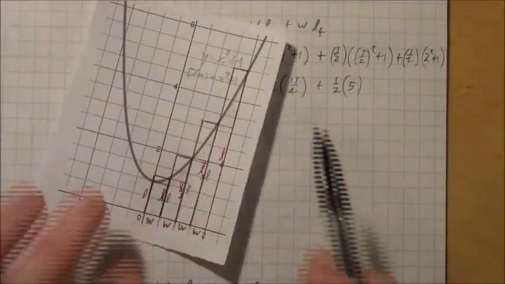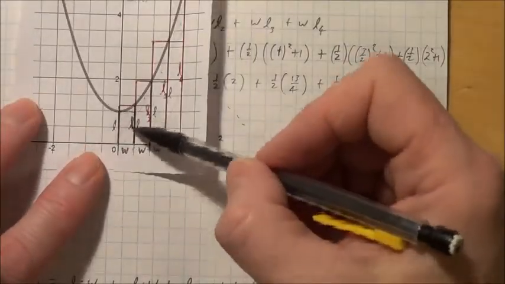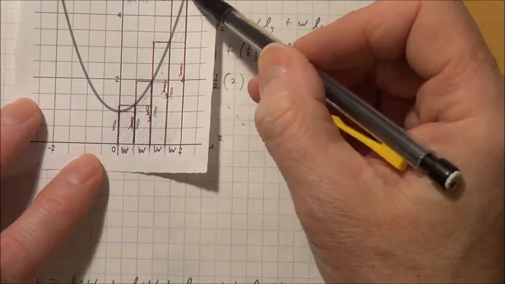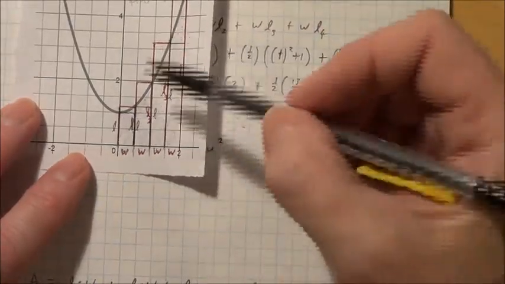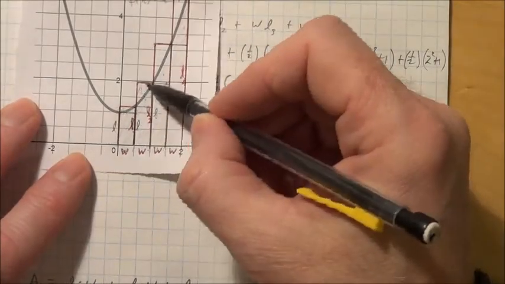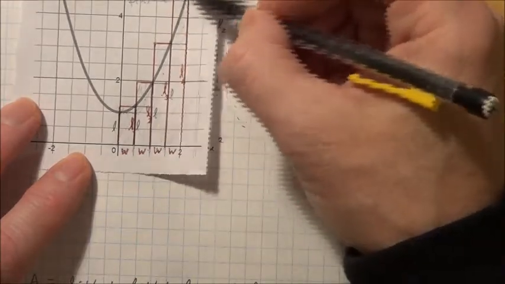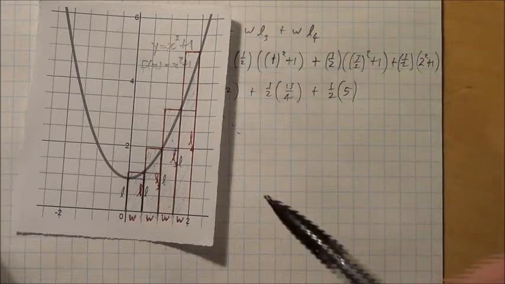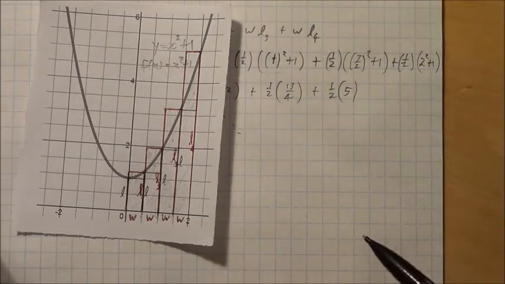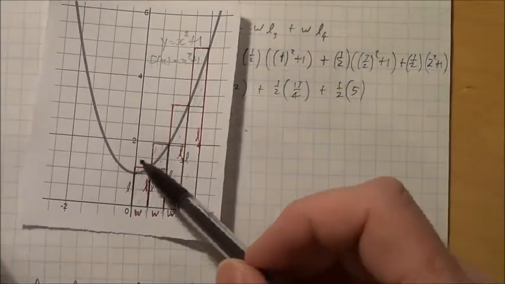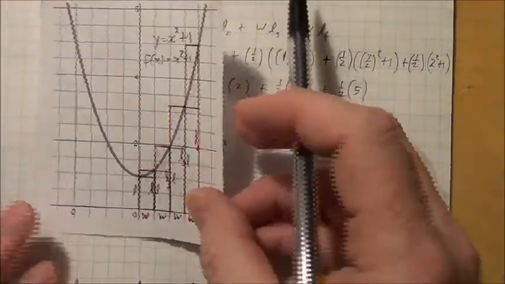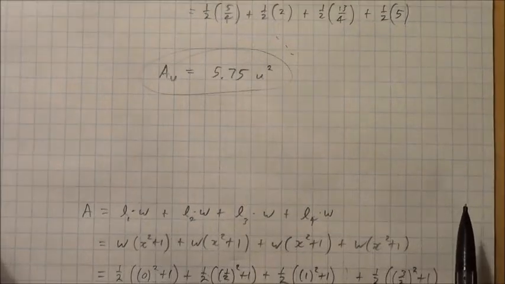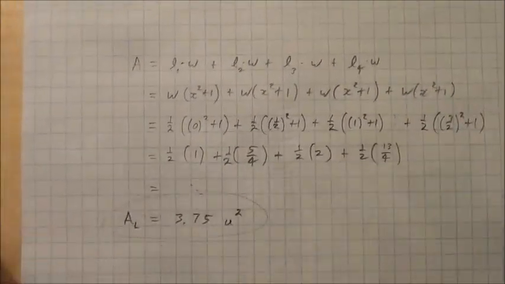So again, we're going to see that this area of the upper rectangles is now going to be greater than the area under the curve because of all the overlap. These rectangles are now all above the curve. So it would be intuitive to see that the actual area under the curve is somewhere between 5.75 units squared and 3.75 units squared.